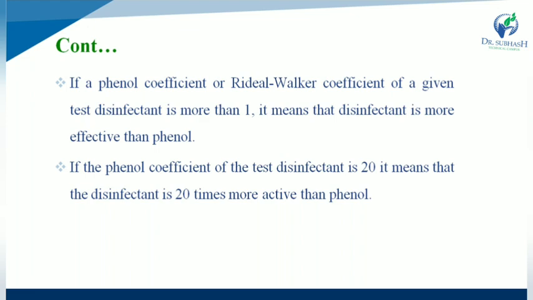If it is more than 1, the disinfectant is more effective than phenol. A phenol coefficient of 20 means the disinfectant is 20 times more active than phenol. So that is regarding the phenol coefficient or Rideal-Walker test.